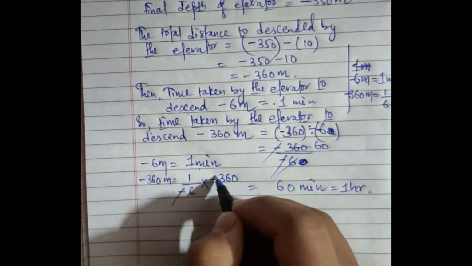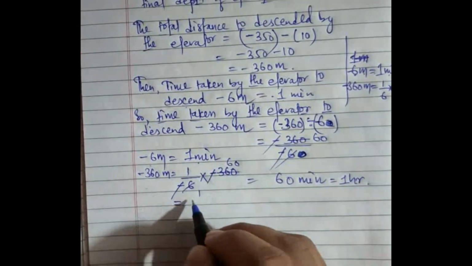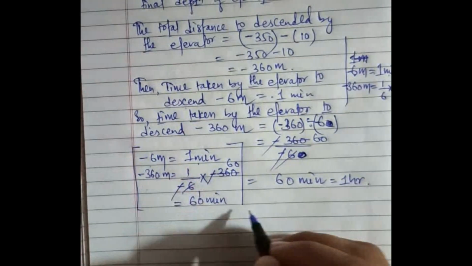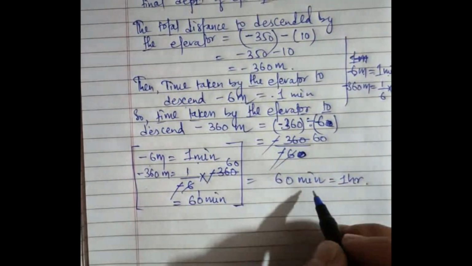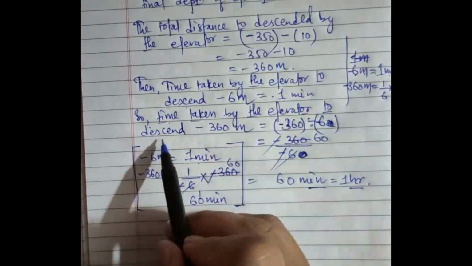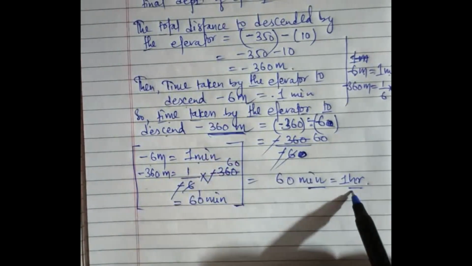So minus minus gets cancelled here, and 6 times 60 is 360. So it is 60 minutes. You can do it another way also. 60 minutes is equal to 1 hour. So the time taken by the elevator to descend minus 360 meter is 1 hour.